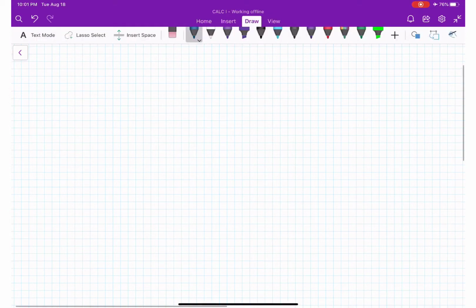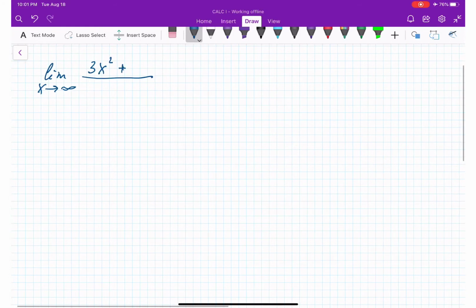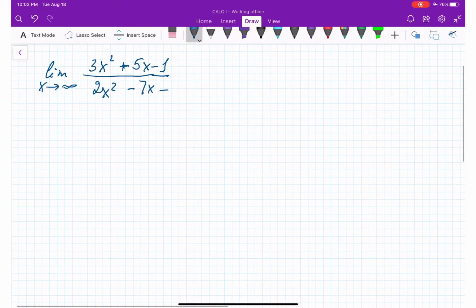We have the limit as x approaches infinity of 3x squared plus 5x minus 1 over 2x squared minus 7x plus 5.